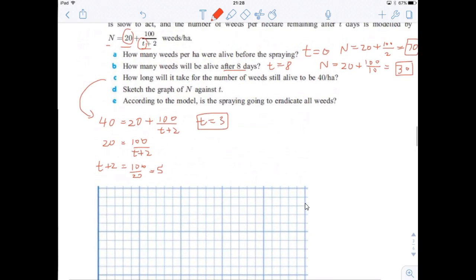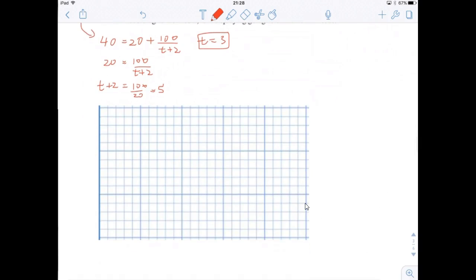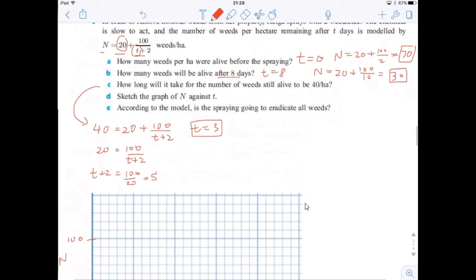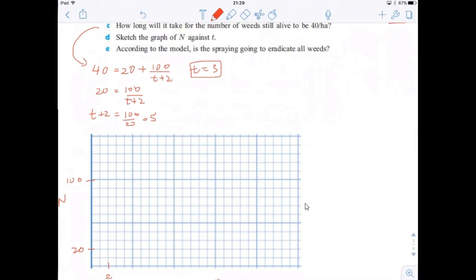Horizontal asymptote is 20. So let's say that this value here is 20, and this value here is 100. This is n. And the t value, it says that -2 is the asymptote, right?